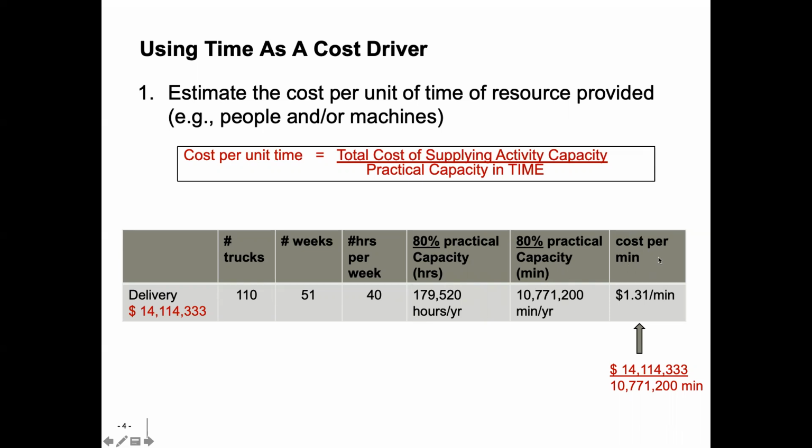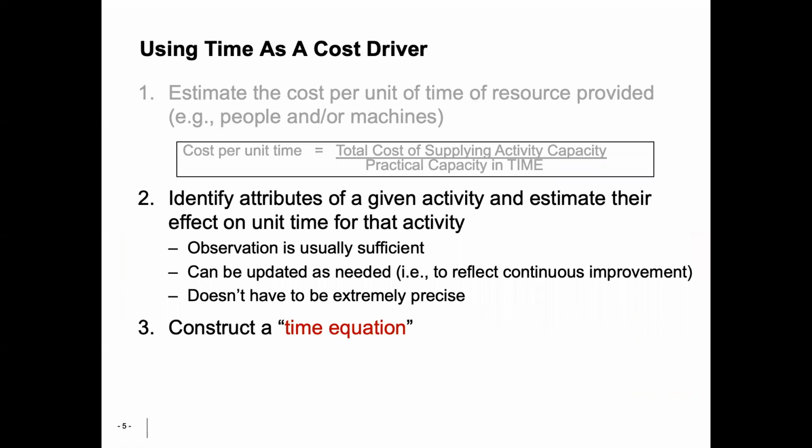So we can now find cost per unit of time by looking at the cost of 14,114,333 and dividing it by the capacity in minutes, 10,771,200, which gives us $1.31 per minute. Right, so that's the capacity cost per unit time.